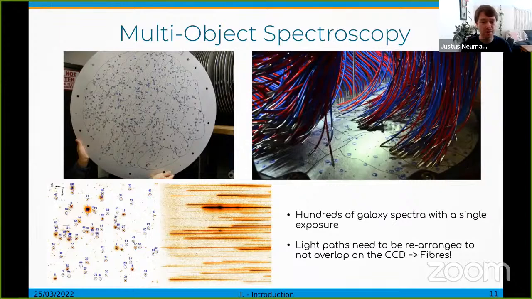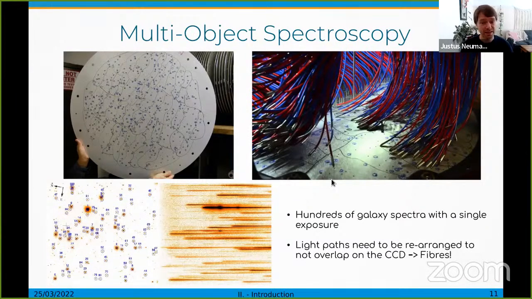If we were to just observe and then take the spectra, we would have overlapping spectra on the CCD. So we need a way to rearrange the light path. One way of doing this is to use optical fibers. As you can see there on the top right, the optical fibers are plugged onto the observing plate, and then the light path can be rearranged onto the CCD, so they're not overlapping.